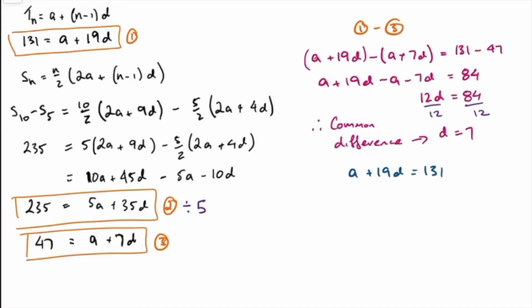It should work out to be exactly the same. We substitute in. Now 19 times 7 is 133. If we take that away from both sides, we get A equals minus 2. So that is our first term.